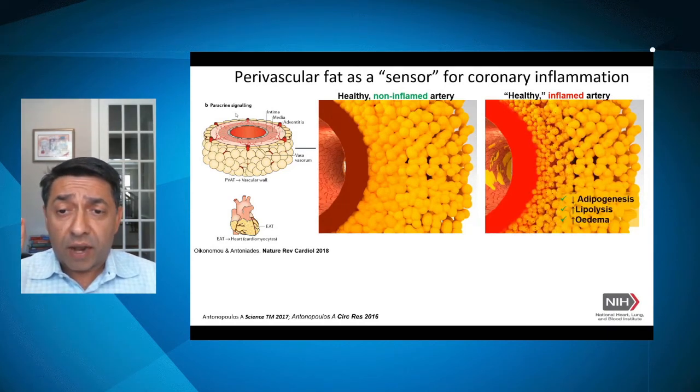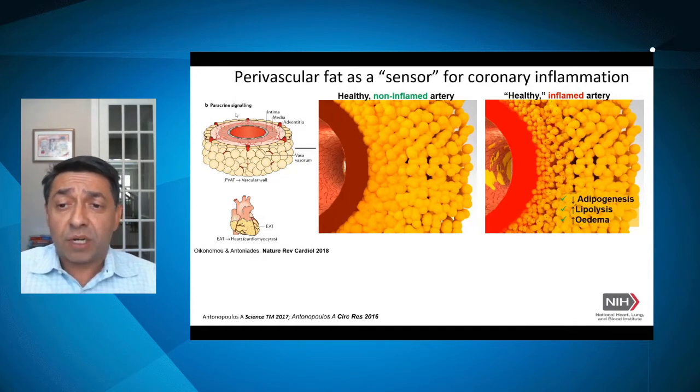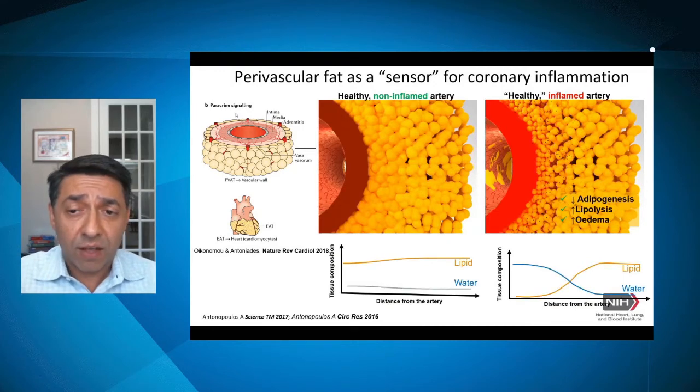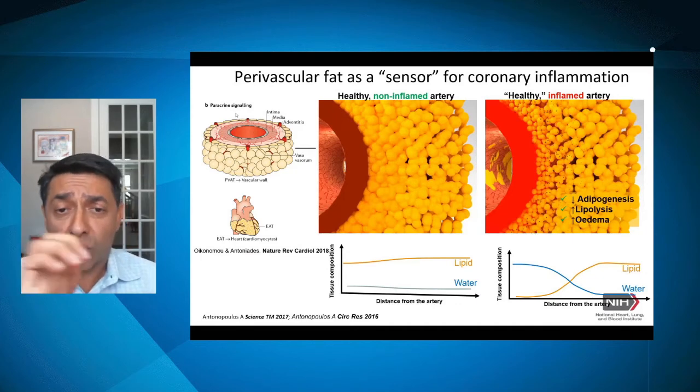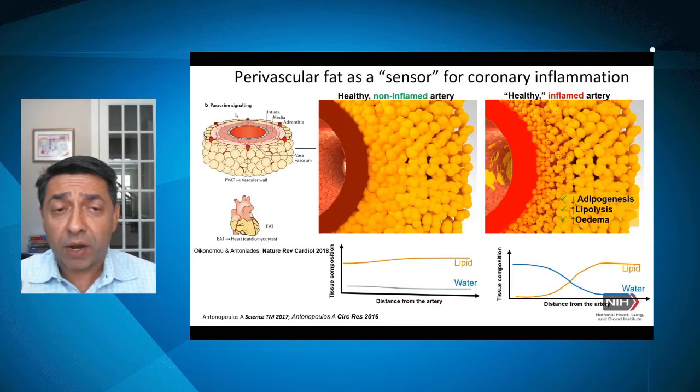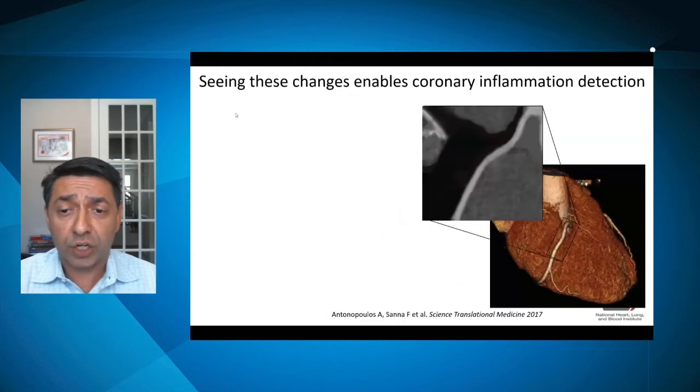What is characteristically unique is that the adipogenesis, lipolysis, and edema changes, and the lipid and water content have a modulation by which one can detect what is going on in the coronary before the plaque has started. And this perivascular fat attenuation, FAI, serves as a sensor for detecting coronary inflammation.